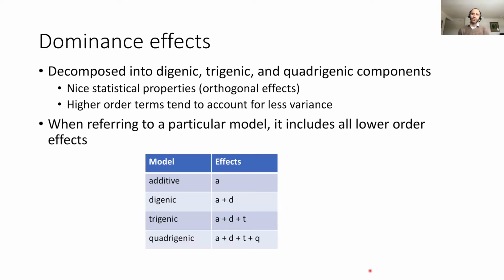The other point here is that when we talk about a particular model being referred to as, say, digenic or trigenic, as opposed to talking about the effect, it's implicit that all of the lower order effects are included. So the digenic model includes the additive and the digenic effects, and the trigenic model has additive, digenic, and trigenic effects. So you always have the complete set of effects going up to whatever order you name the model.